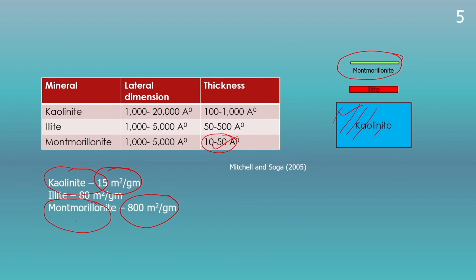Therefore, when we compare the different properties of these two minerals, these two factors, the net attractive forces and the structure of the fabrics, play an important role in defining their behavior. We will look into all those behaviors one by one, how they differ from mineral to mineral, and what the effect of chemicals and other factors is on those behaviors.